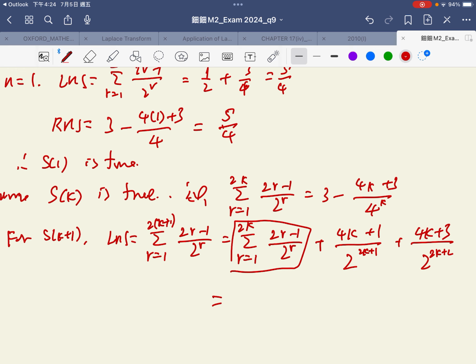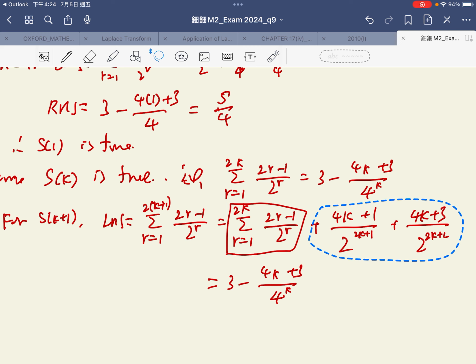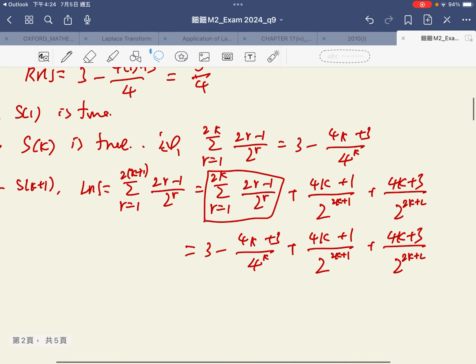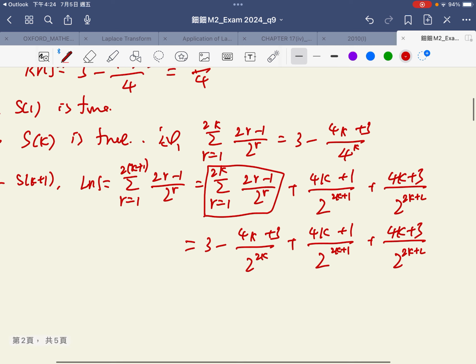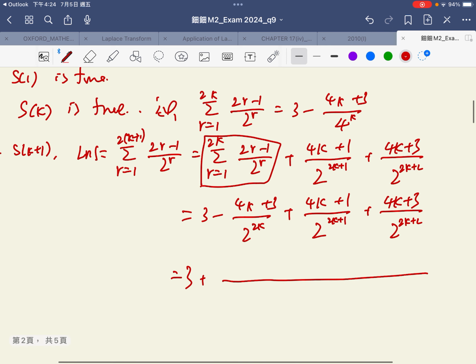Then by the assumption, we can copy the assumption into the result and add the other two terms. I also make the denominators the same: I change the denominator to be 2 to the power 2k, and then make the common denominator 2 to the power 2k plus 2.